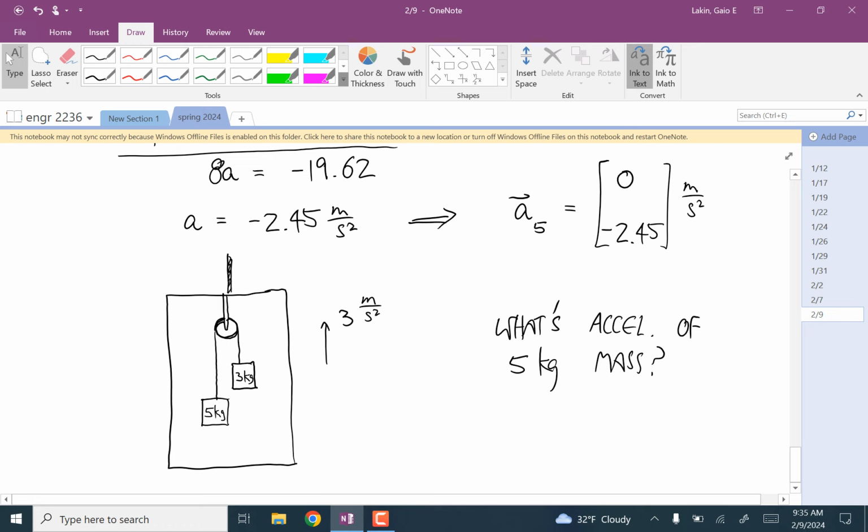So to define the relationships between these accelerations, we have to think of it in a coordinate system that's moving with the elevator. But to use Newton's second law, we have to use an inertial coordinate system, and this isn't it anymore because it's accelerating.